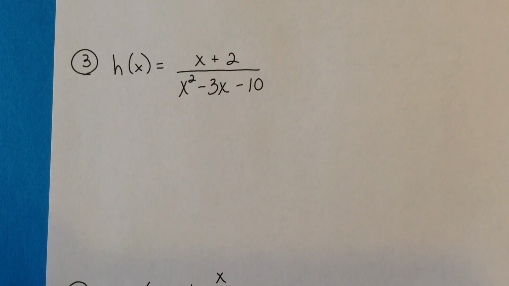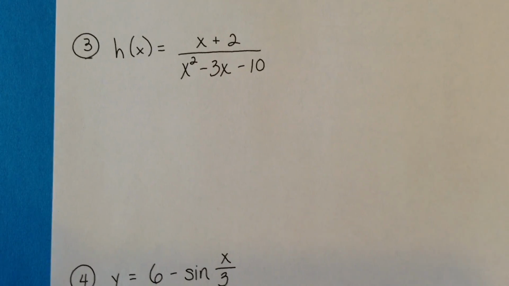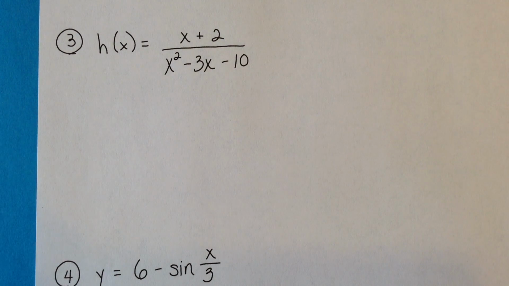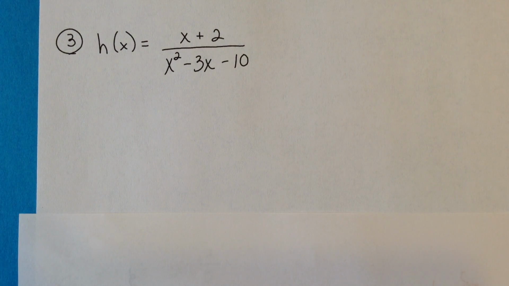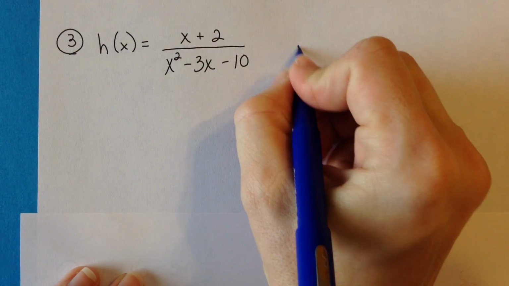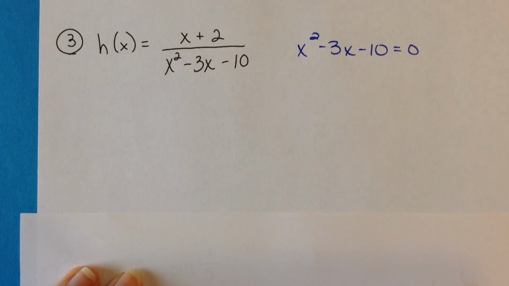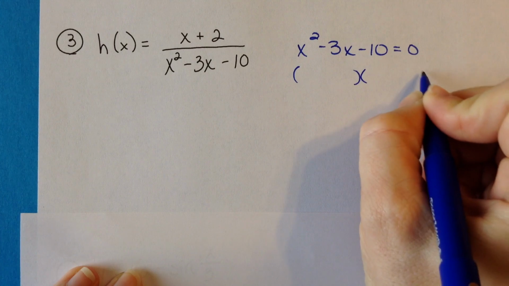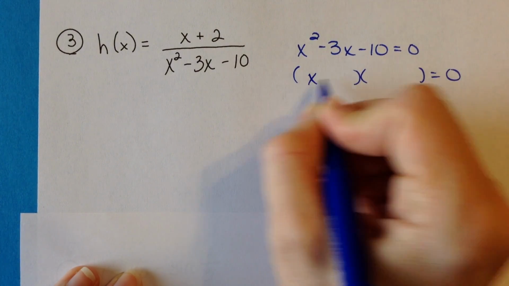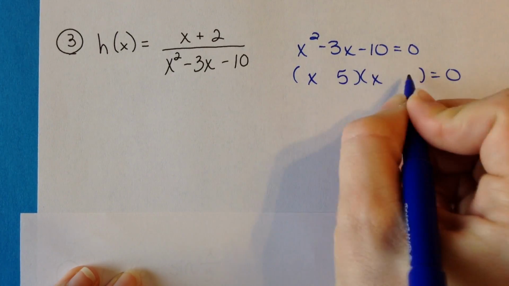All right, next one. Again, I'm dealing with one that's rational. So just like before, I'm going to go to my denominator and set it equal to 0. I will need to factor this one in order to determine these values.